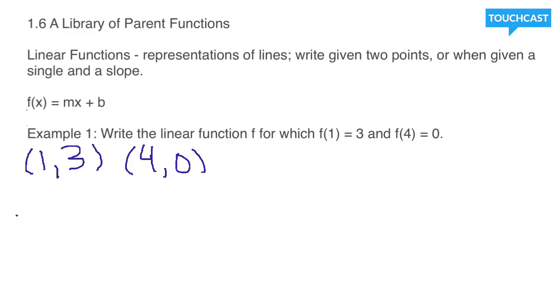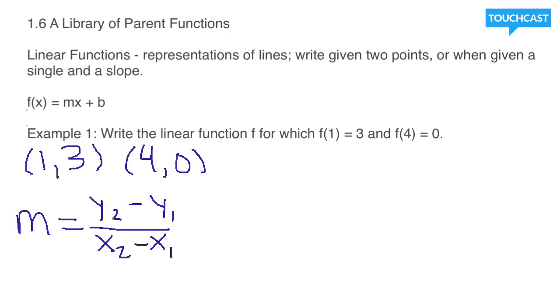Remember, the slope is m equals y2 minus y1 over x2 minus x1. And it doesn't matter which point you pick to be your 2 and which point you pick to be your 1. We can easily find the slope here.